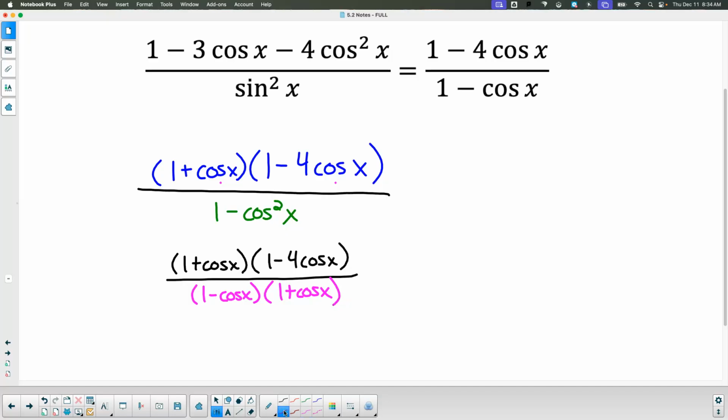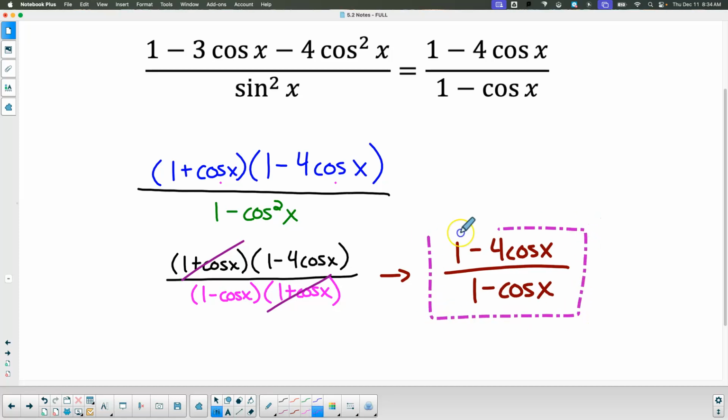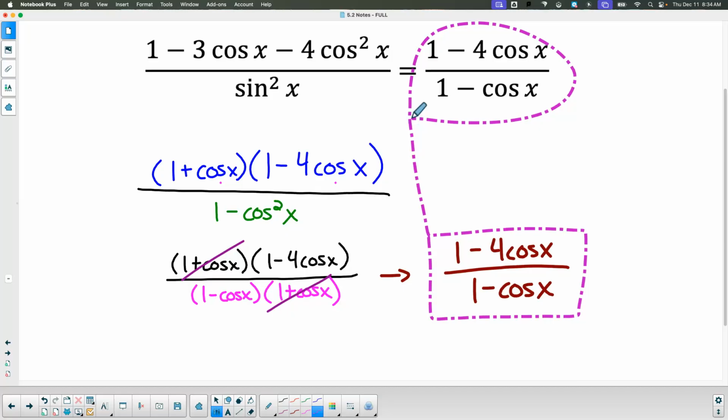And then our 1 plus cosines from top and bottom both drop out, leaving me just with 1 minus 4 cosine of x on the top and 1 minus cosine of x on the bottom. Which is what I need.